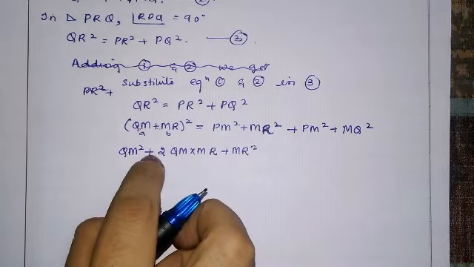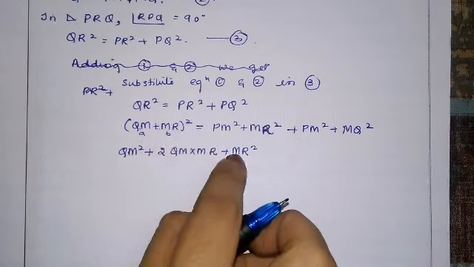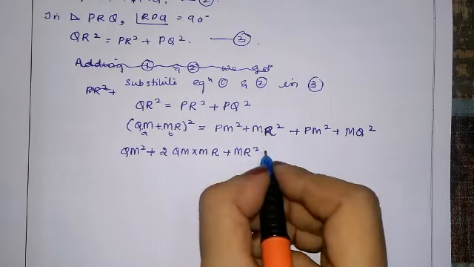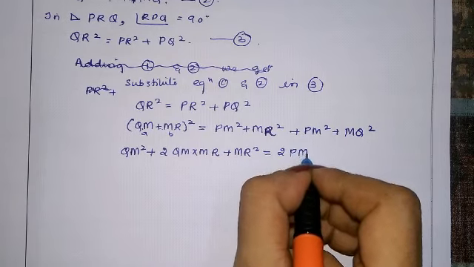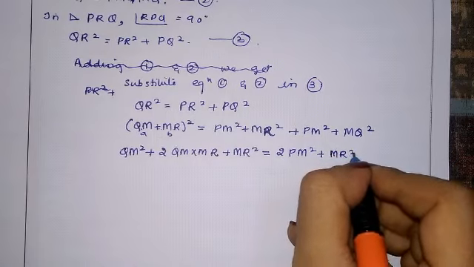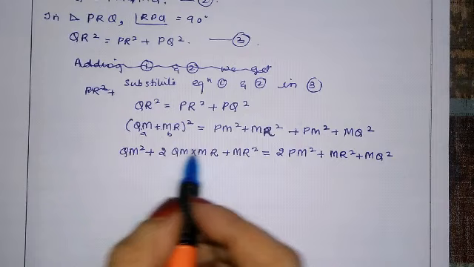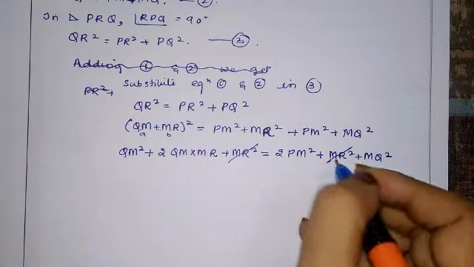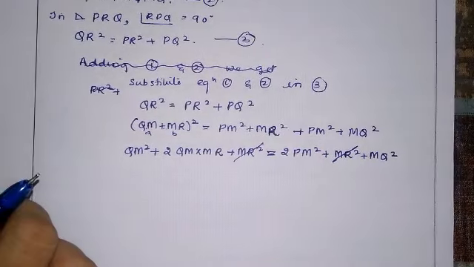QM square plus 2 QM into MR plus MR square. Okay. Now this side, PM square plus PM square, 2PM square, plus what is left? MR square plus MQ square left. Now we can see MR square gets cancelled, same sign on the other side.